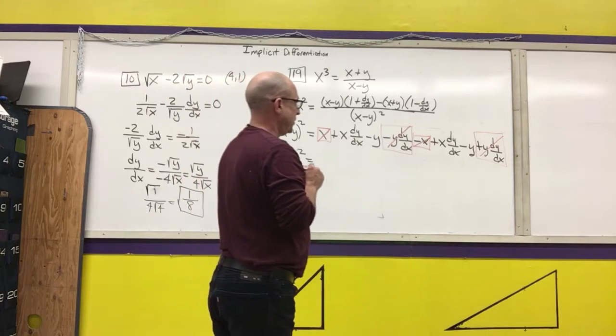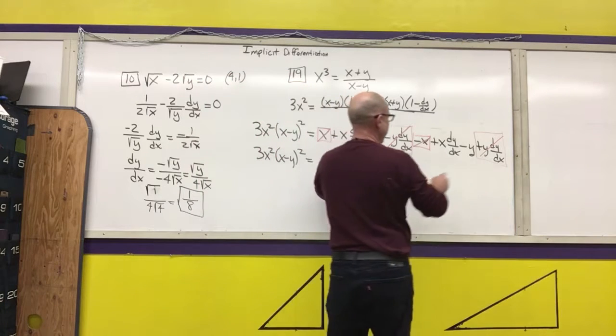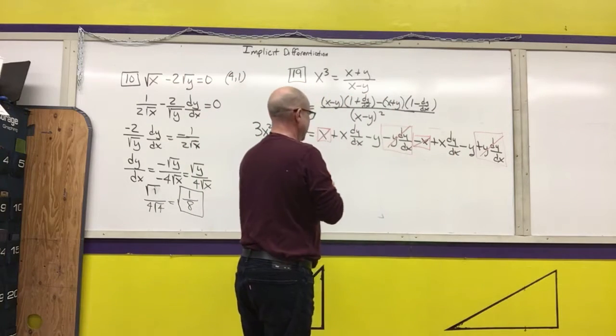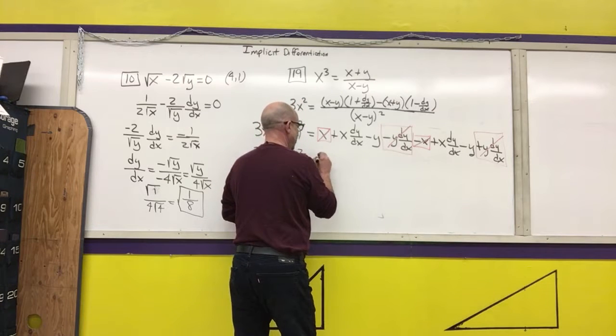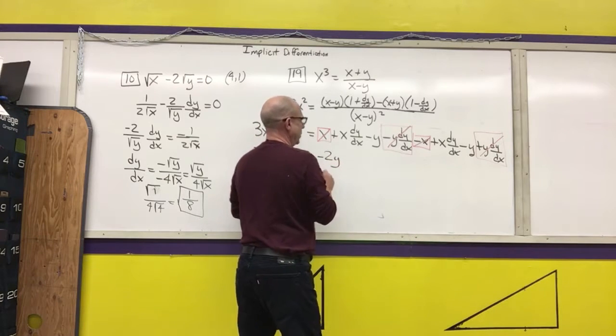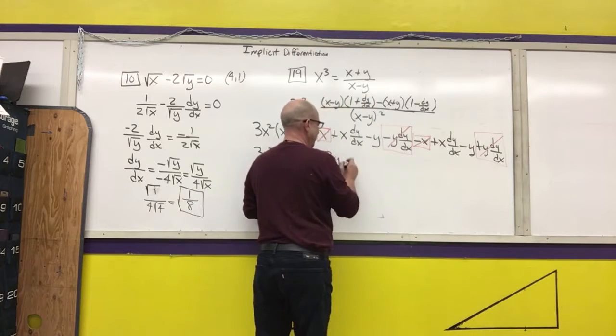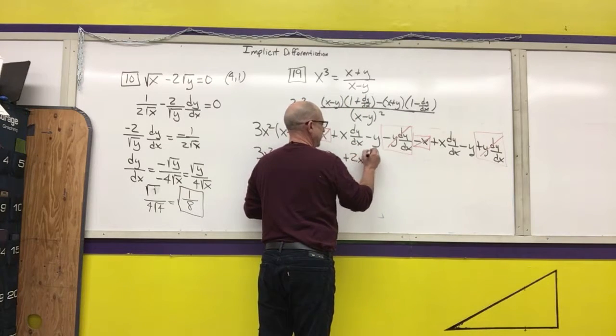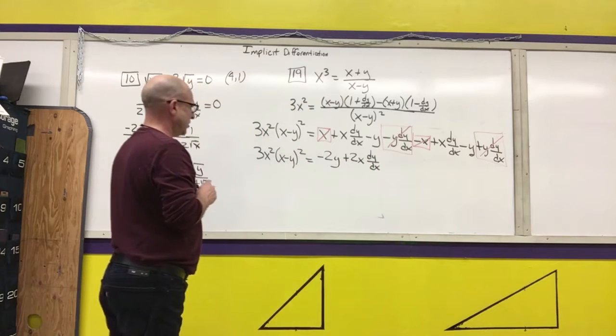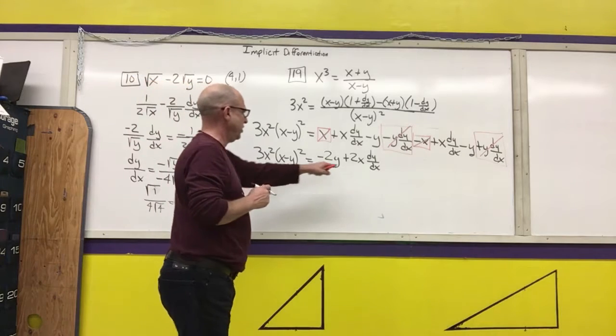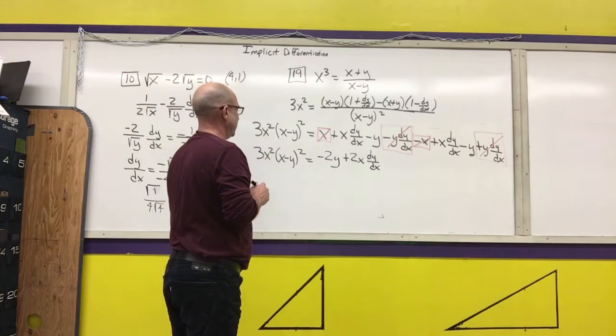What do we have left? We have negative y minus y, which is negative 2y, plus x dy/dx plus x dy/dx is plus 2x dy/dx. Need to solve for dy/dx, so I am going to subtract 2y from both sides of the equation.